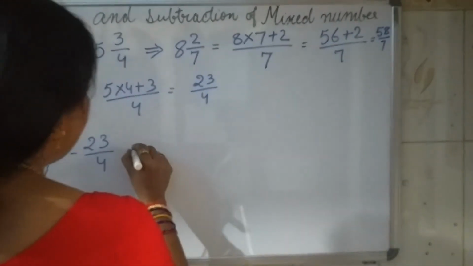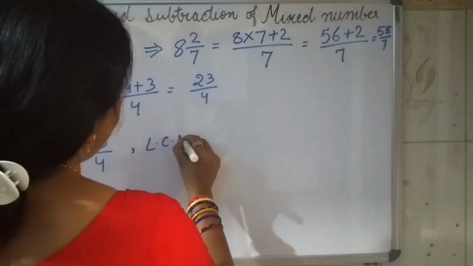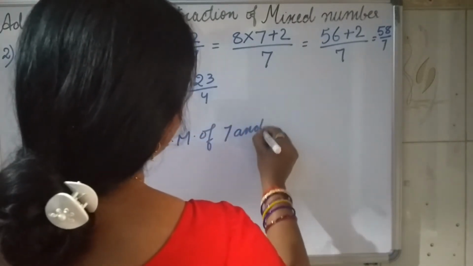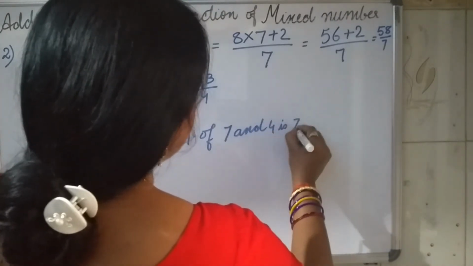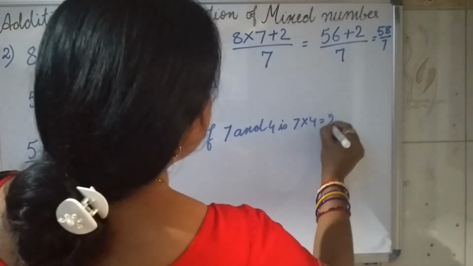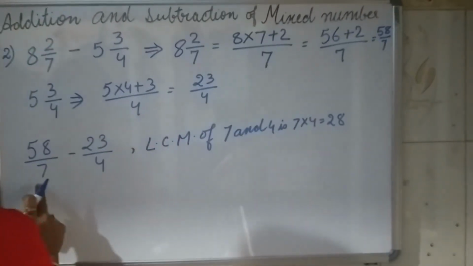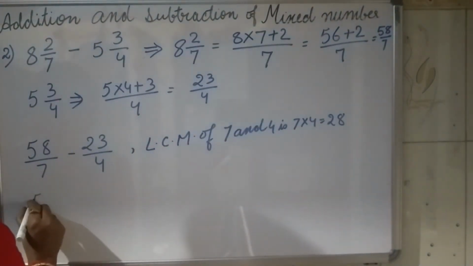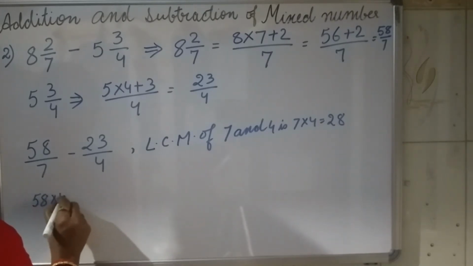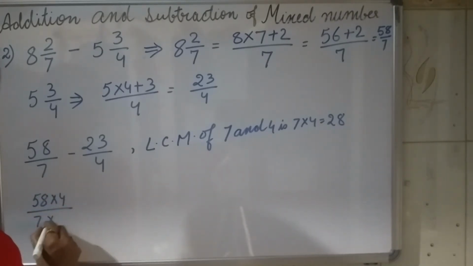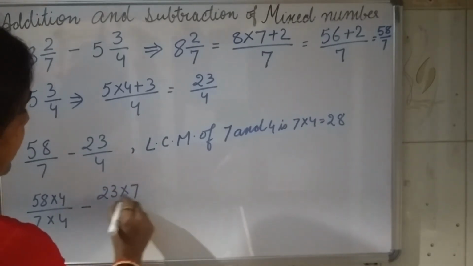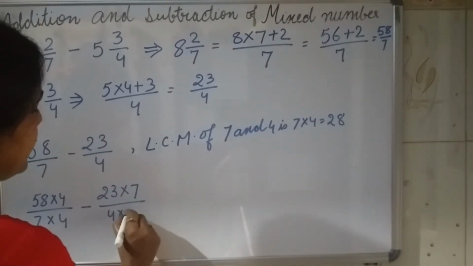So the LCM of 7 and 4 is 7 into 4, that is 28. Okay. Which number will we multiply with 7 to get 28? It is 4. So 58 multiplied by 4 and 7 multiplied by 4, minus 23 multiplied by 7 and 4 multiplied by 7.